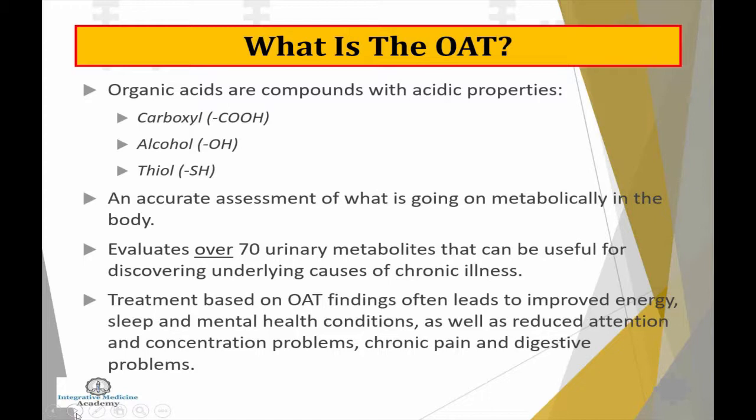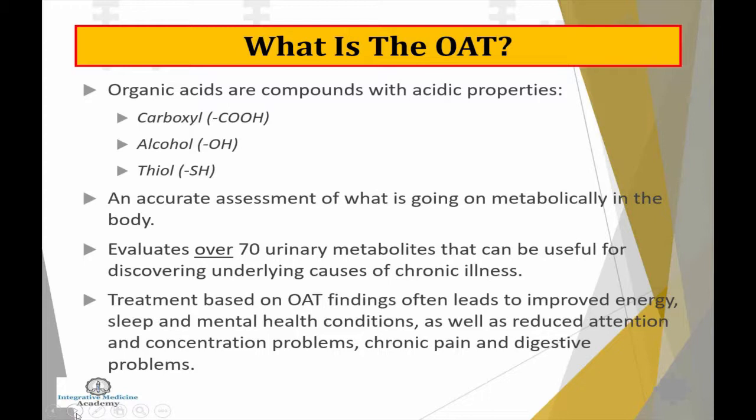I thought that was an amazing statistic. So the OAT gives us some insight into our own metabolic imbalances, as well as imbalances that could be occurring in the digestive system. And these organic acids are compounds that carry acidic properties. So alcohol or carboxyl or thiol type chemical groups are categorized as organic acids.